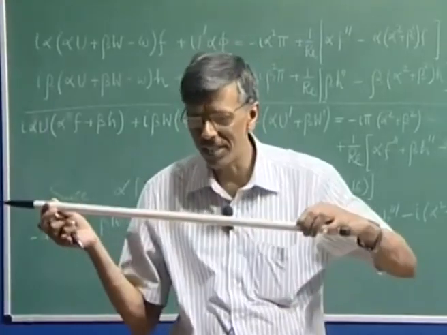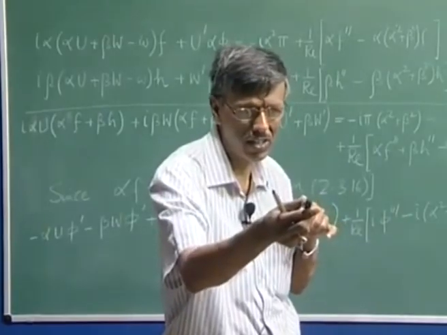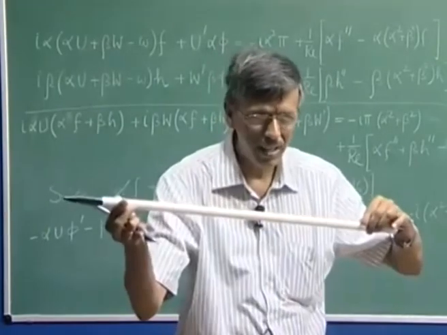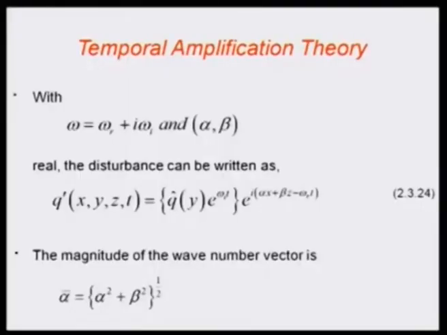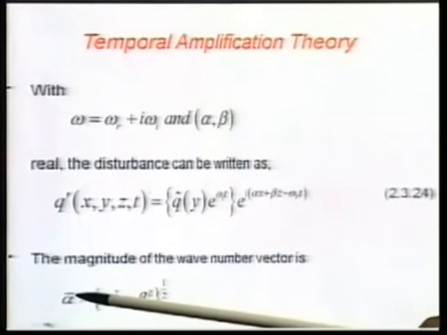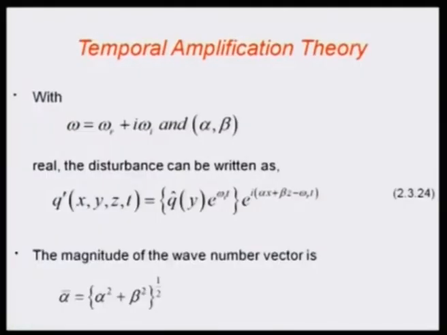I have a component alpha in the x direction and a component beta in the z direction, and alpha bar is the net resultant. That is how you interpret it: alpha bar is essentially the magnitude in the wave number vector propagation direction.